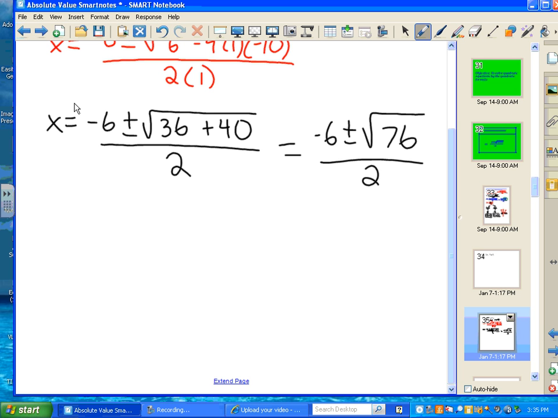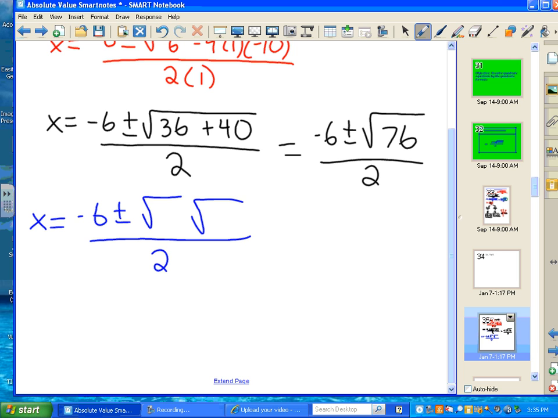One of them has to be a perfect square. Okay, I hope you found that 4 times 19 is 76. Okay, and we know 4 is a perfect square because when you take the square root of it, we get a nice number.